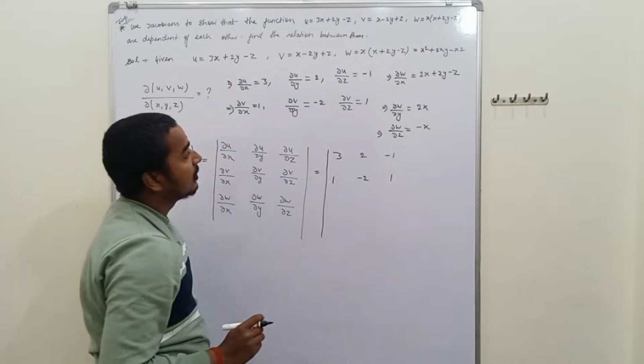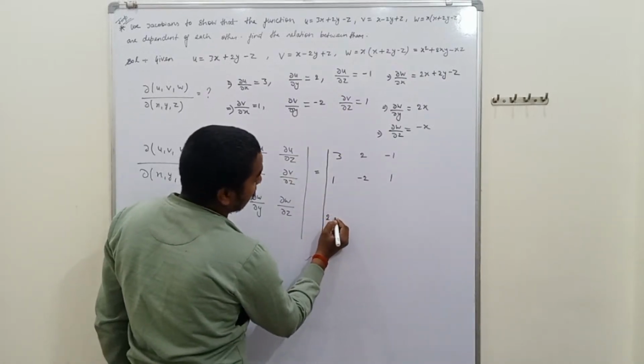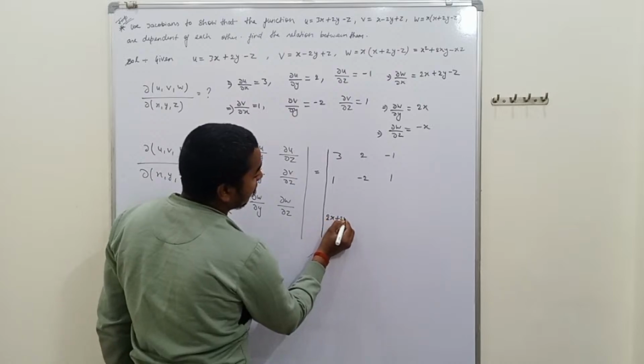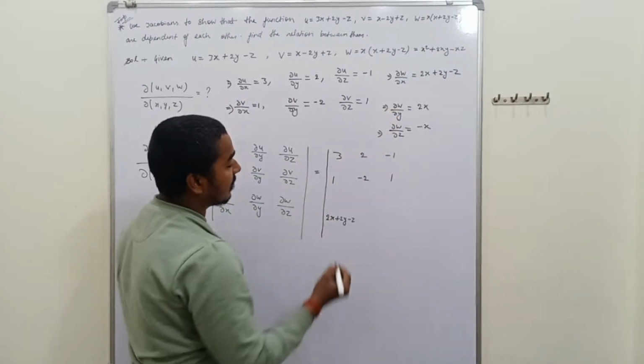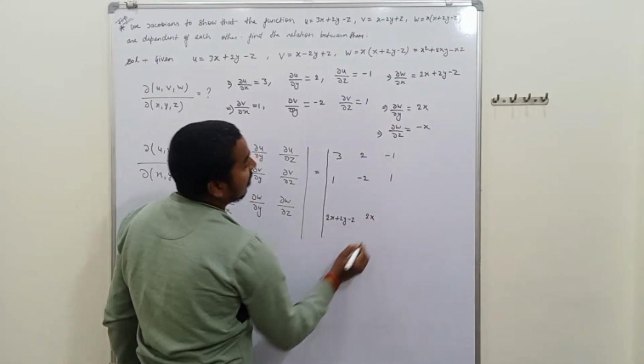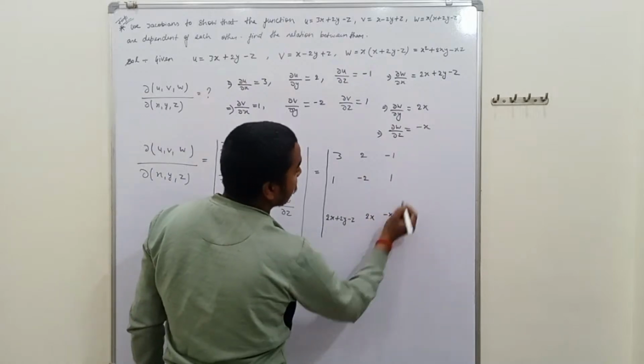And del w upon del x is 2x plus 2y minus z, del w upon del y is 2x, and del w upon del z is minus x.